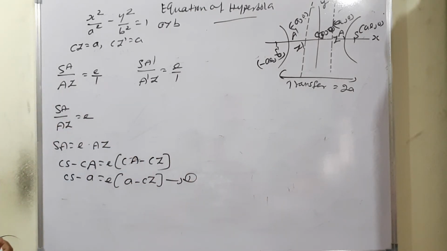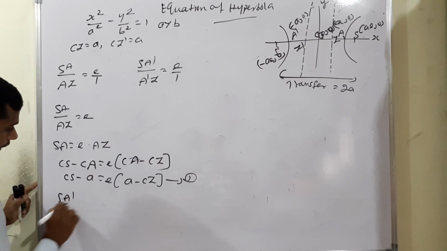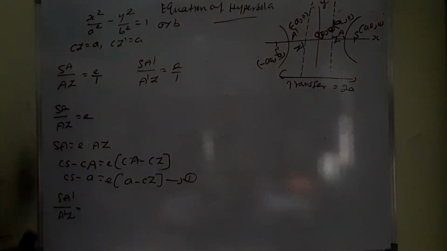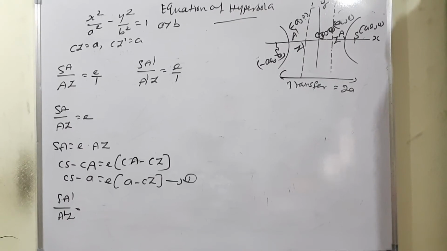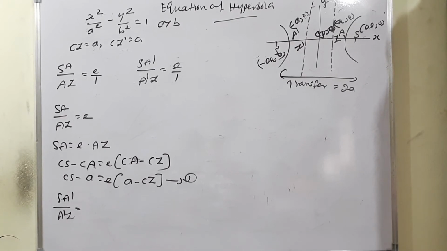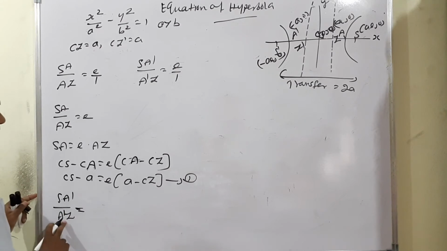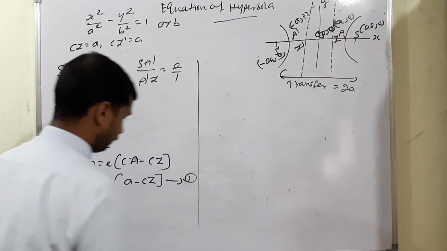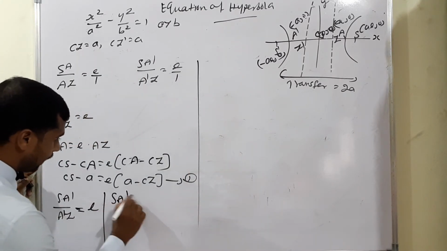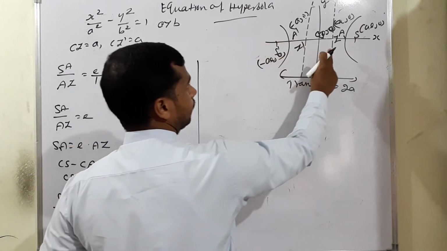Now the second condition: SA dash divided by A dash Z is equal to E. Cross multiplying, SA dash is equal to E into A dash Z. Again the same condition but on the opposite side.